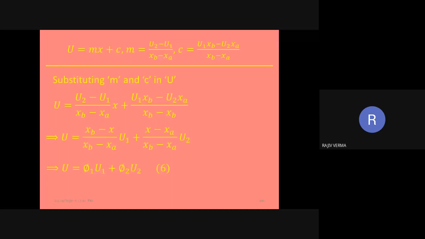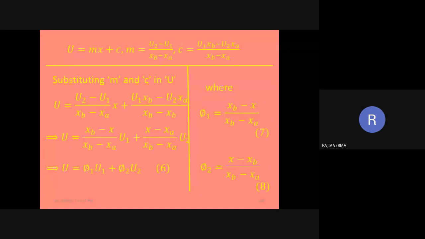U1 corresponds to the value of the unknown at node 1, and u2 corresponds to the value of the unknown at node 2. So this is the expression for phi1 in equation number 7 and the expression for phi2 in equation number 8.